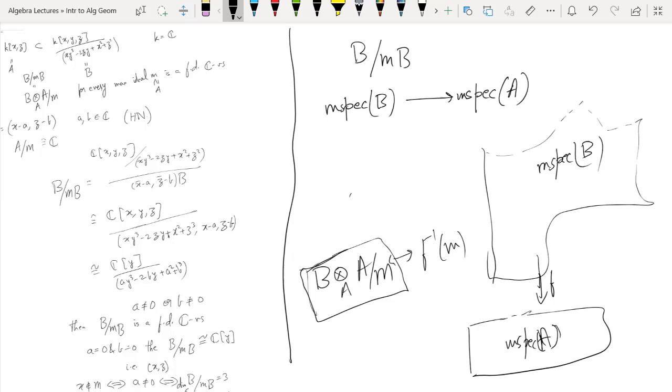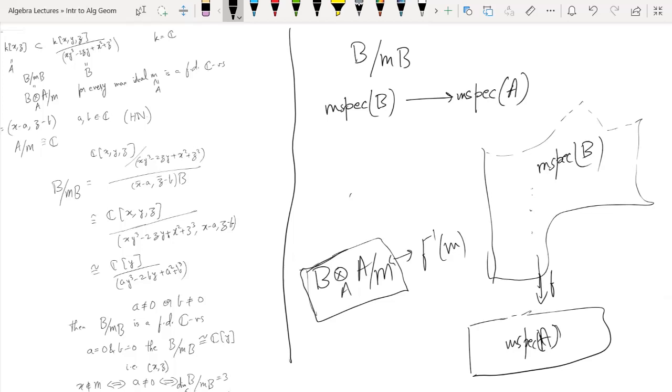But when you count the dimension, even if it is a repeated root, it's okay. So when the maximal ideal does not contain x, then this dimension is 3, because there are 3 points lying above any such maximal ideal.